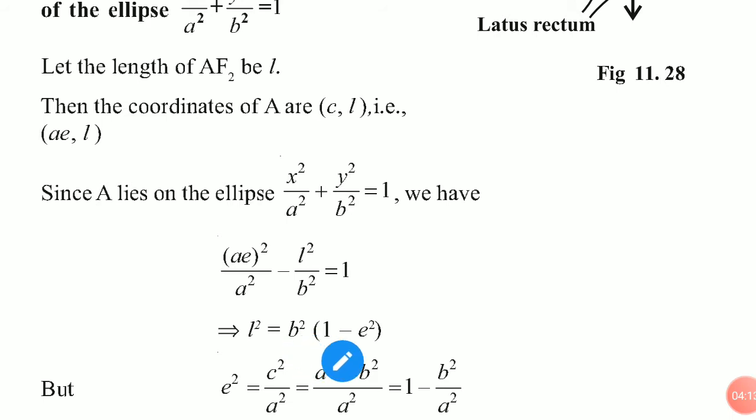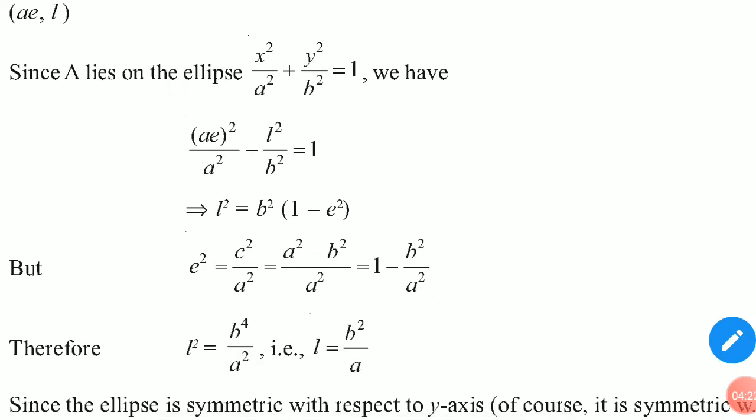Here A square cancels, so only E square remains. So E square plus L square upon B square equal to 1. If you take L square outside, L square upon B square is 1 minus E square, so L square becomes B square times (1 minus E square).